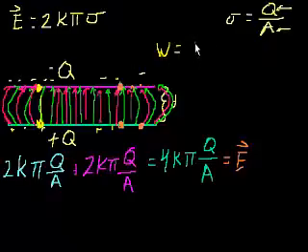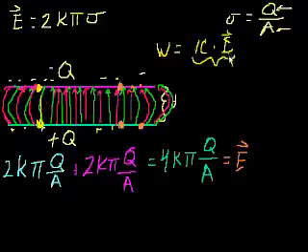It will be 1 coulomb times the electric field, right? Because we're always going to have to be going against the electric field, so we have to apply an equal and opposite force. So the force is going to be the electric field. So far this just gives us force. Coulomb times electric field, charge times electric field, tells us the force on the charge, right? That's force. And then we have to multiply that times distance.